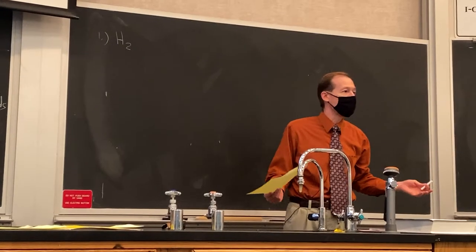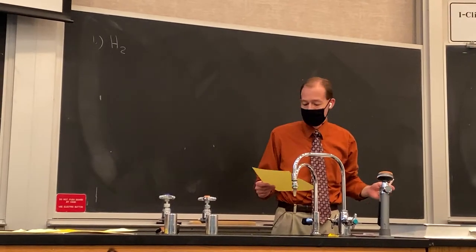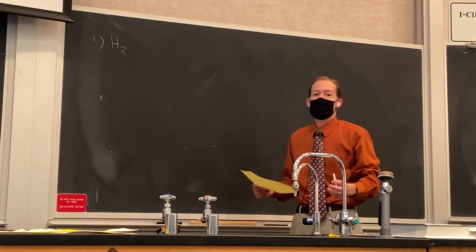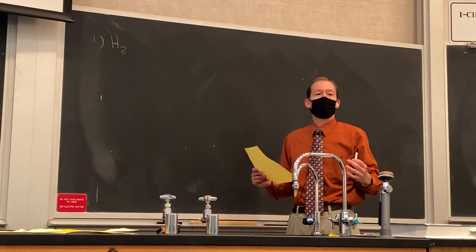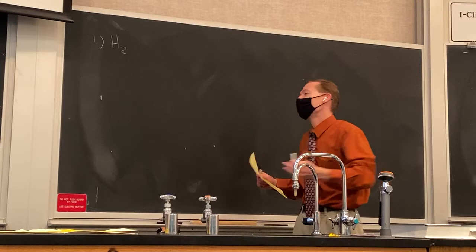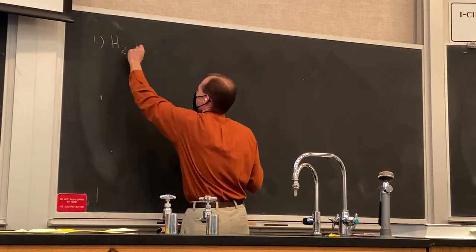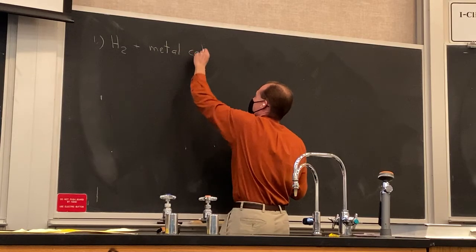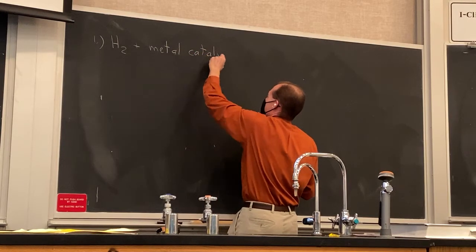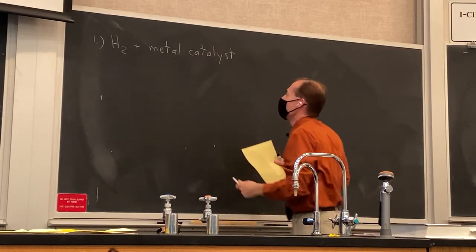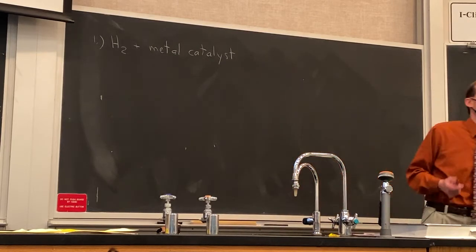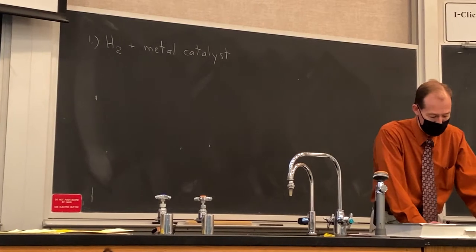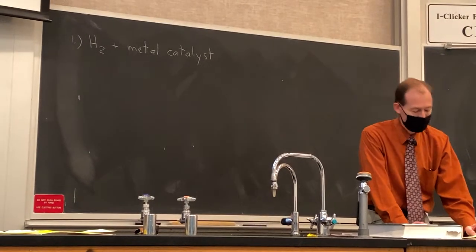We can use hydrogen as a reducing agent, but we can't use it by itself because the activation energies would be prohibitively high. This is the type of reaction that requires a metal catalyst. So anytime we are using hydrogen as a reducing agent, we have to use a metal catalyst. Okay, and we'll talk about that later on today.